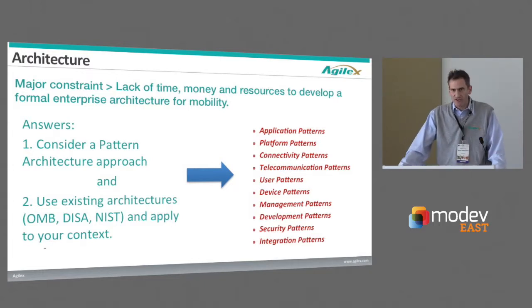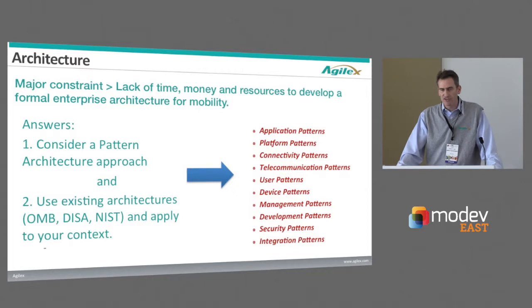So that's the strategy. The other aspect is the architecture. Many customers that I'm engaged with want to short-shrift the strategy and architecture phase, and it's probably the most critical part of the program.